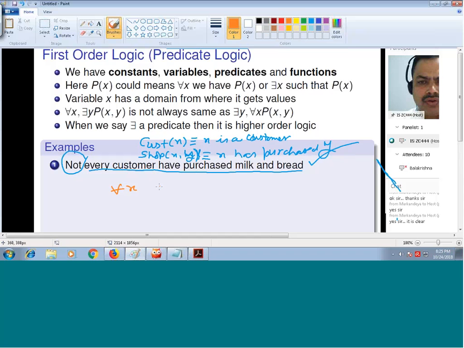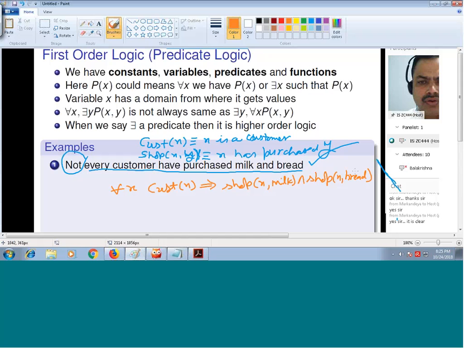if X is a customer, then what does it mean? It means shop X milk and shop X bread.